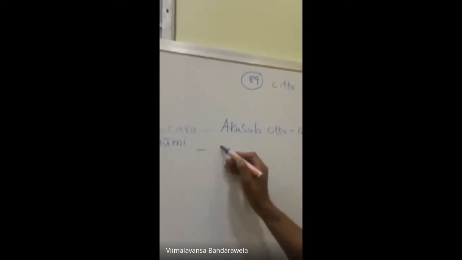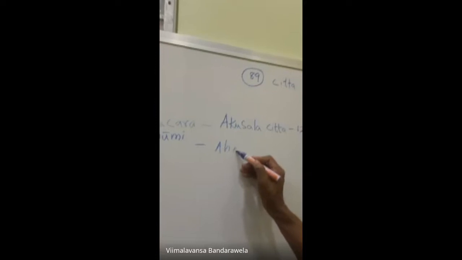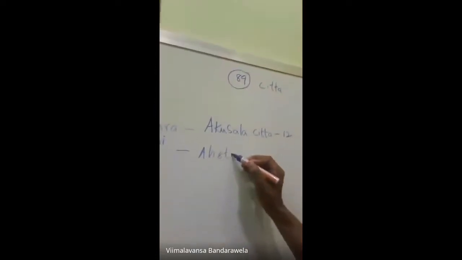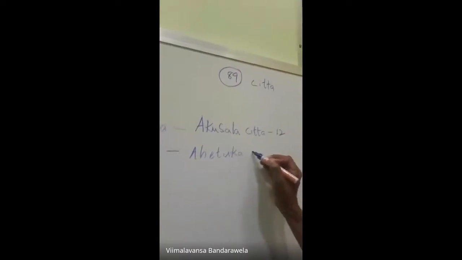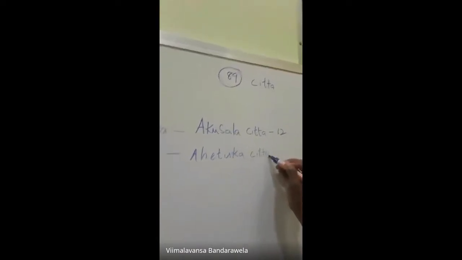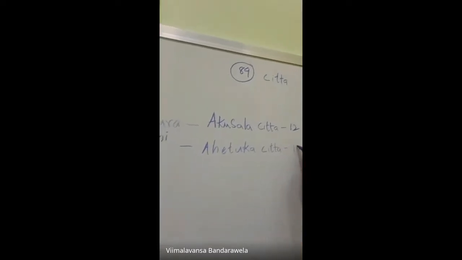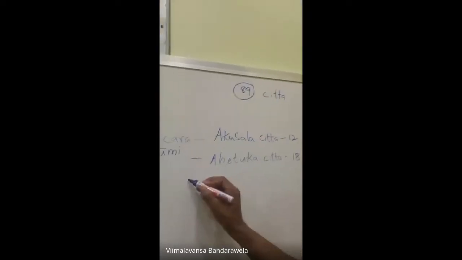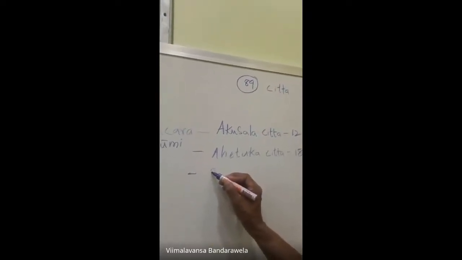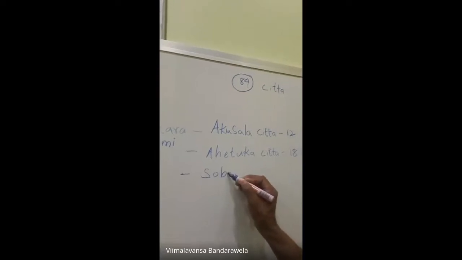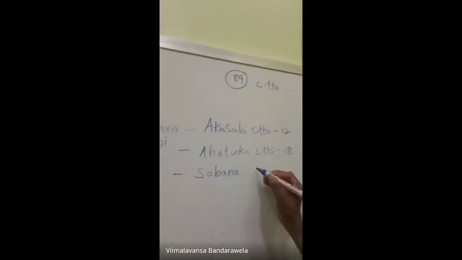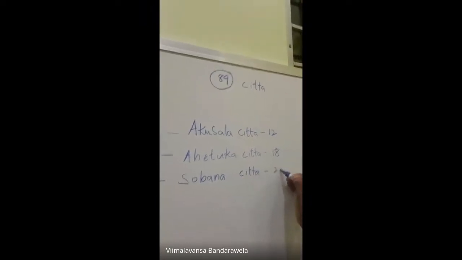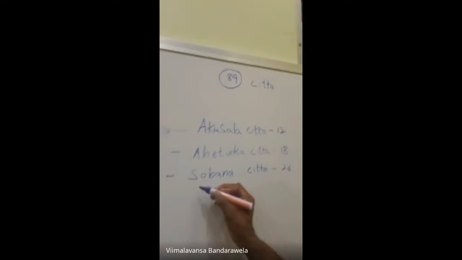Then you have ahetuka, ahetuka chitta. If you write it down, ahetuka 18, right? 18 types of ahetuka. Then sobana chitta, sobana 24. Sobana means beautiful.